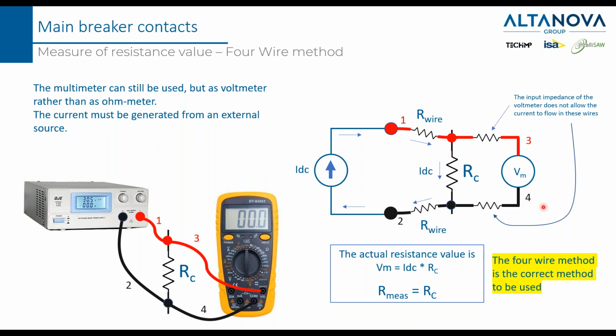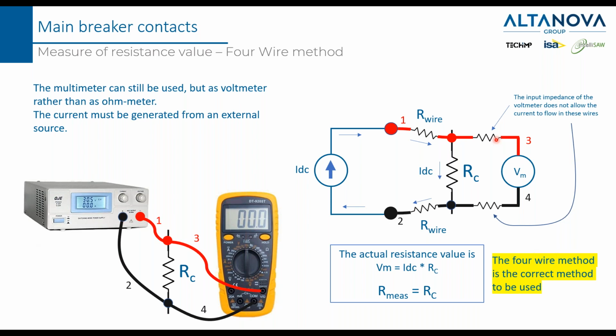With this measurement setup, what we are doing is measuring the voltage only on the resistance, on the contact resistance itself. I'm not measuring the resistance of these 2 wires. Why? Because there is no current flow in this branch, because any voltage input has a very high impedance, so the current cannot flow in this wire.